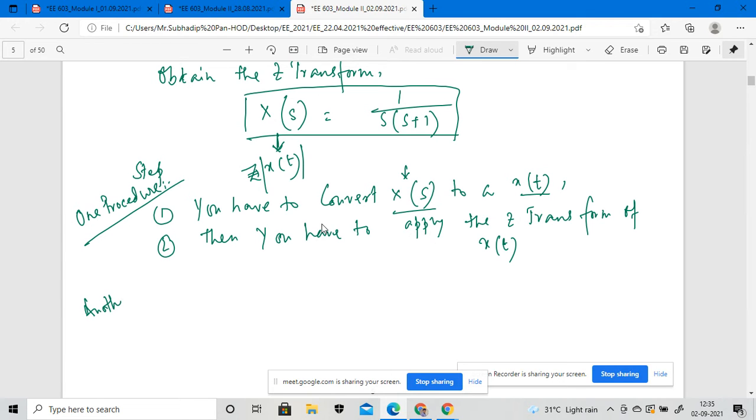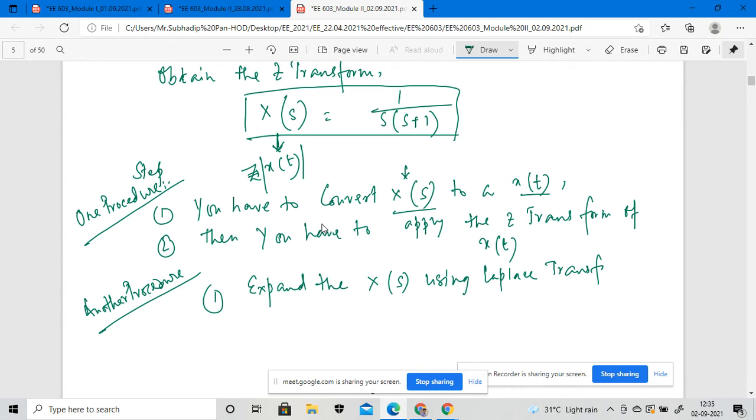Another procedure is to expand the function X of s using the Laplace transformation.